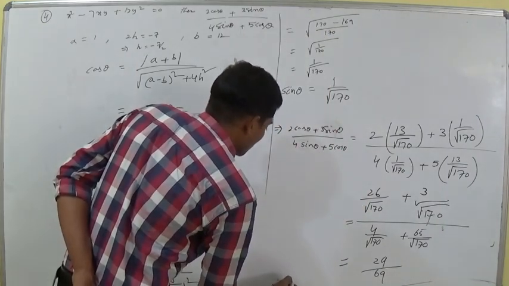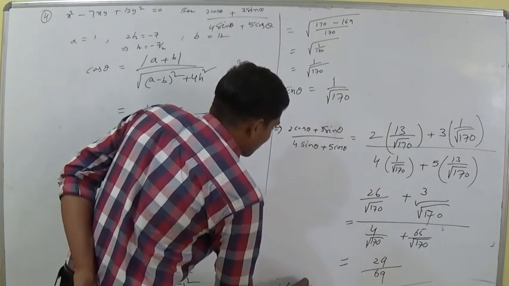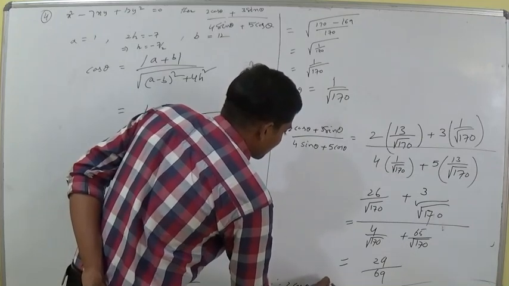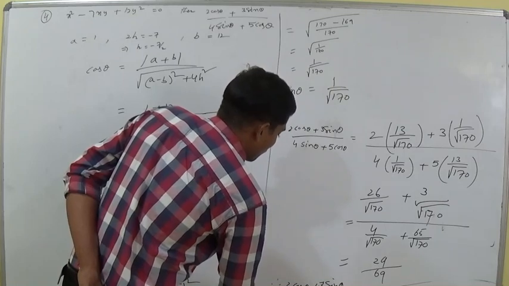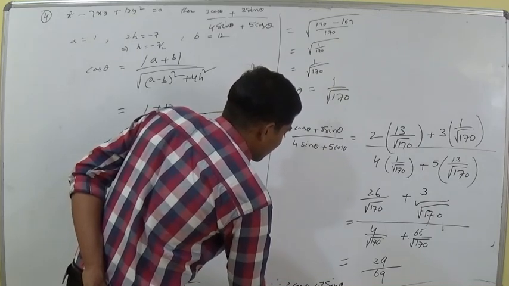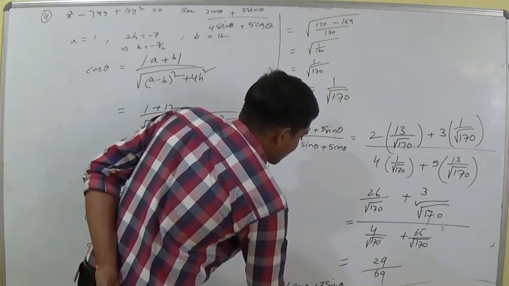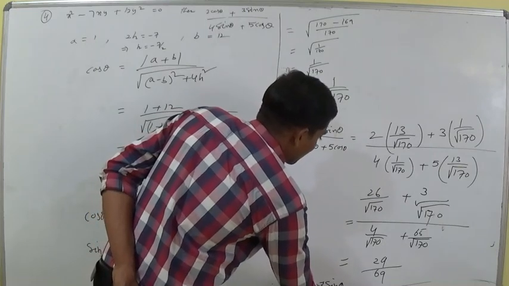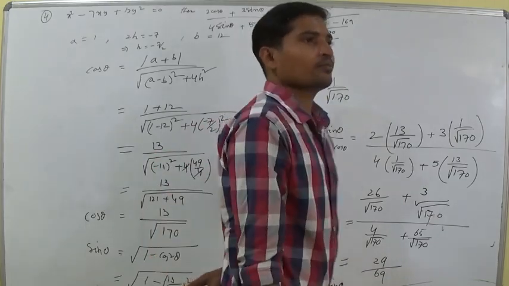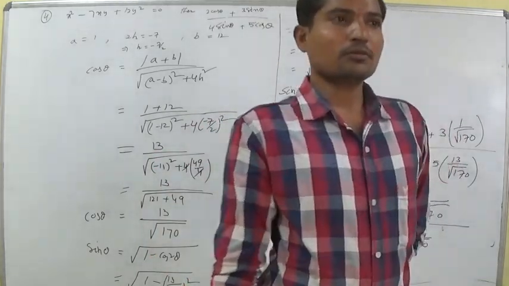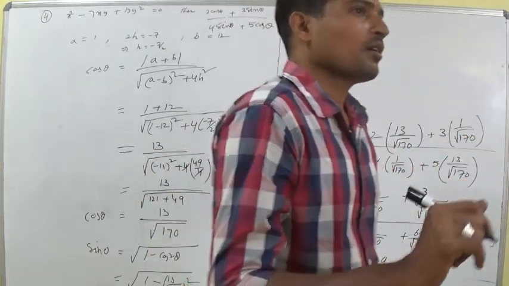Therefore (2 cos theta plus 3 sin theta) by (4 sin theta plus 5 cos theta) is equal to 29 by 69. Understand?